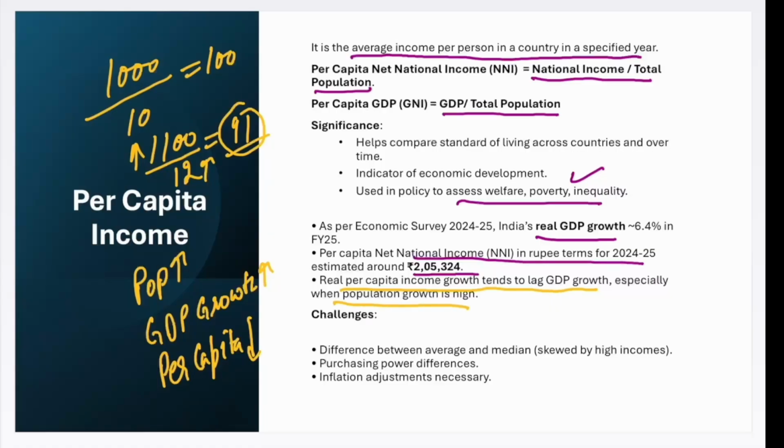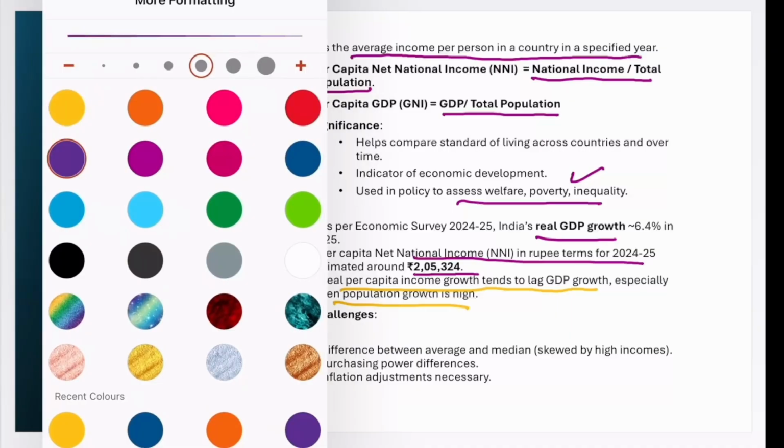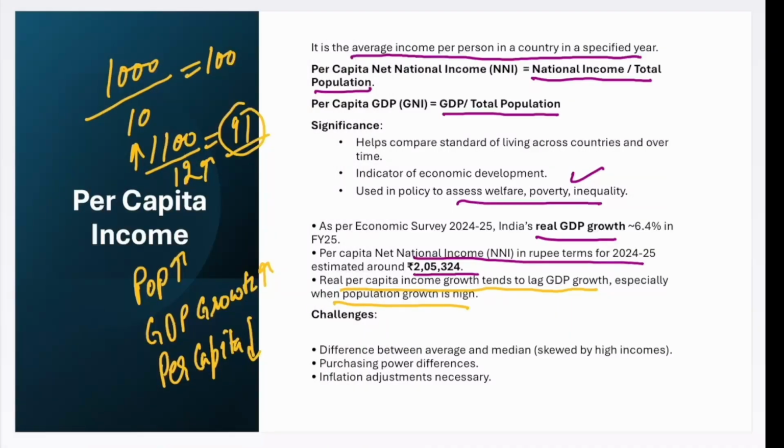That is the basic idea, because India is growing very fast in population terms. So even when it is able to do well on the GDP front, it fails to really deliver more, largely because of the population growth. So there are some challenges to it as well.